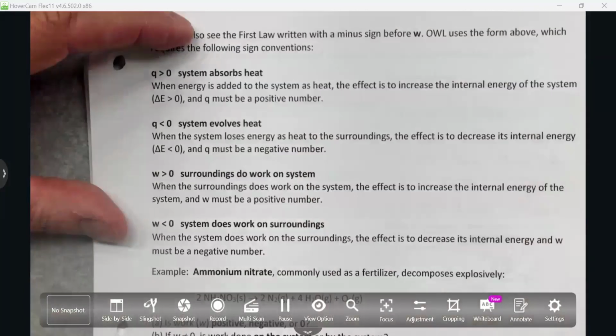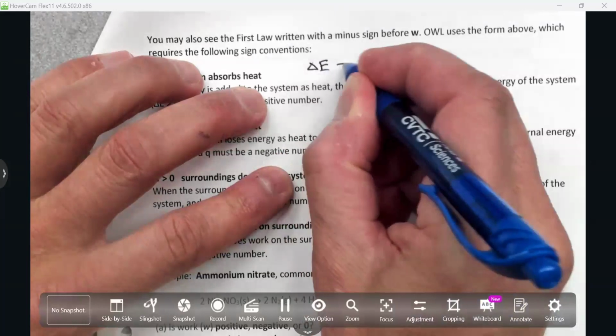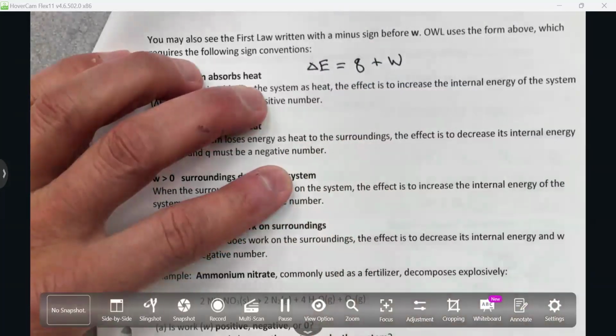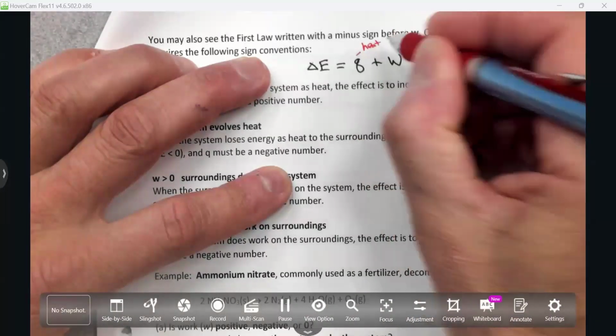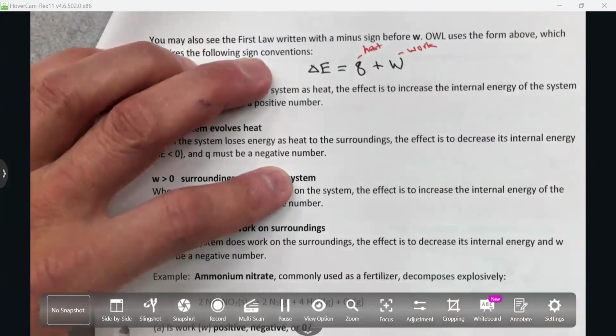Again, it's simply my change in energy is equal to Q plus W. This is heat to or from the surroundings. This is work.